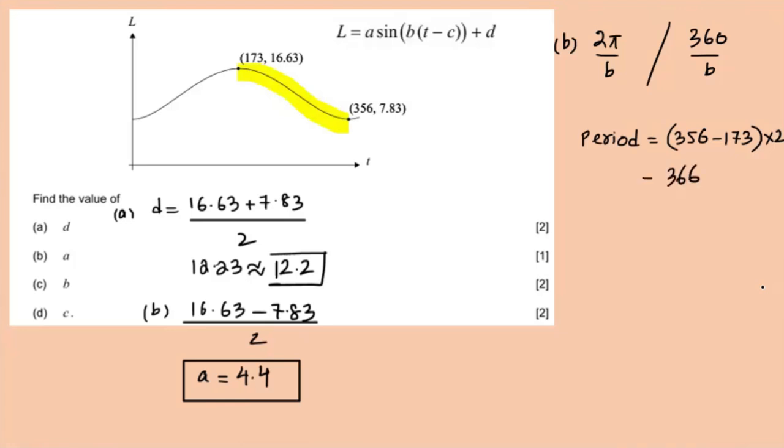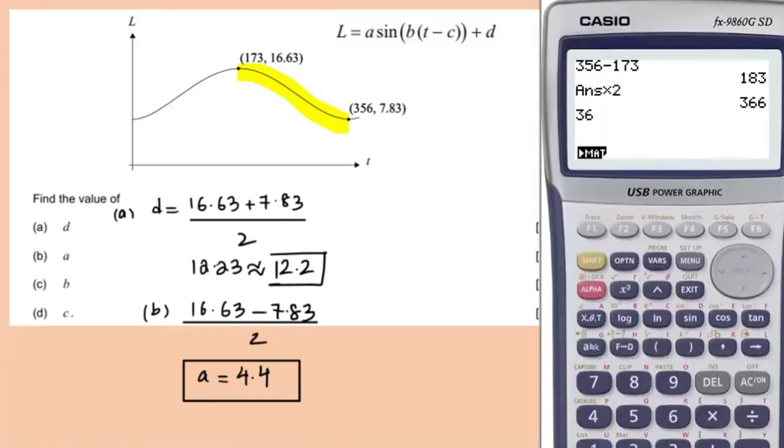Okay, so that's 366. So if I put this value, that's why I was saying, if you put 360 divide B equals 366, you will get a different B value, and you can get a different B value if you use 2 pi. You can check the mark scheme. If the question doesn't specify, then I believe both values should be given. Okay. So let's do 360 divide the answer.